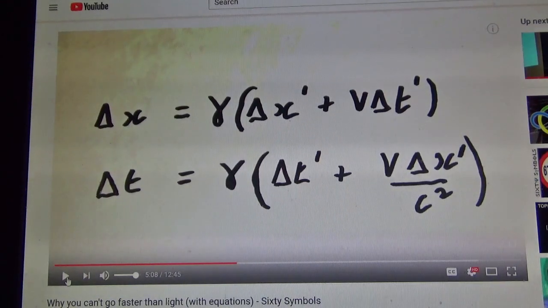Of course, if this person was showing you where these equations were coming from, I would still dispute that. But he's not showing you where they're coming from. So suddenly you've got these equations which have come from nowhere in the way he's presented it.